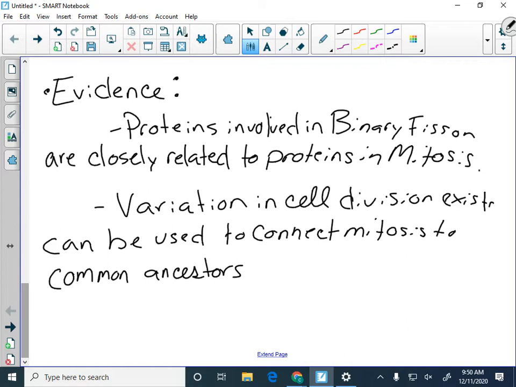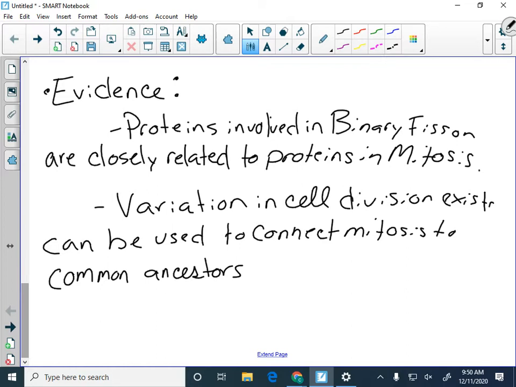But there are also some issues with our hypothesis, and that is the fact that we can't observe the process of mitosis in extinct species. So all of the steps in between, all of the common ancestors, we can trace lineage back based on cell structures and such because we have fossils, but we can't observe mitosis in those cells.